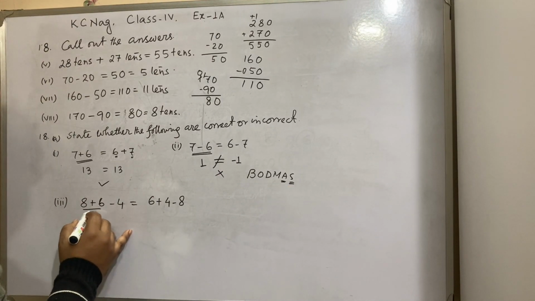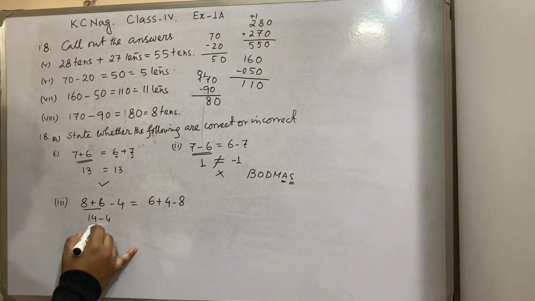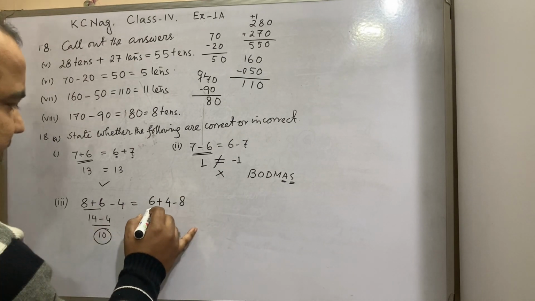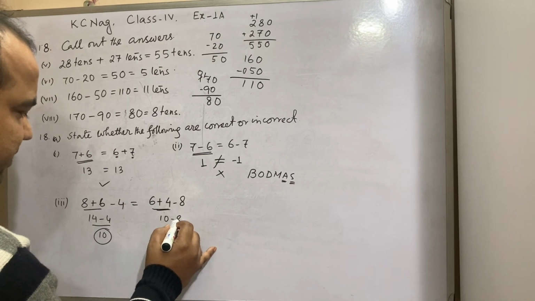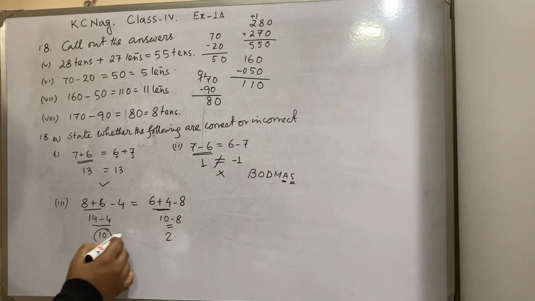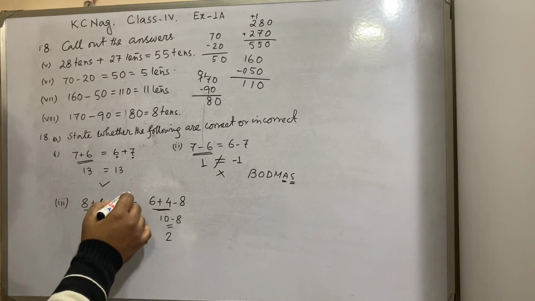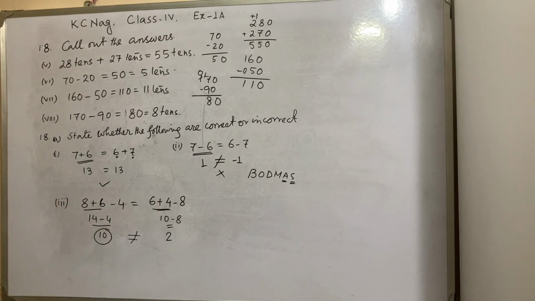So here the result is 10. Here also, 6 plus 4 is 10, minus 8 is 2. So is 10 equal to 2? No, not equal. But here they have put an equal sign. That means it is also incorrect.